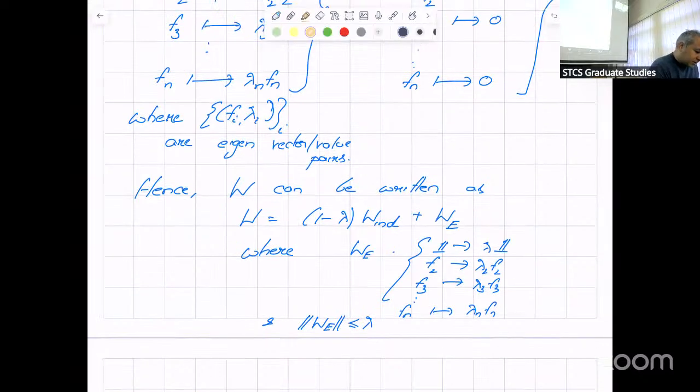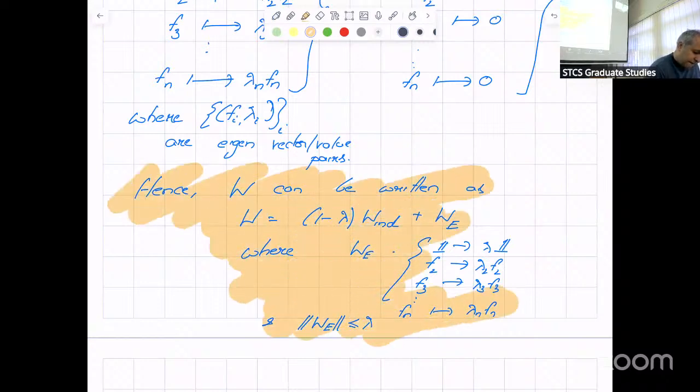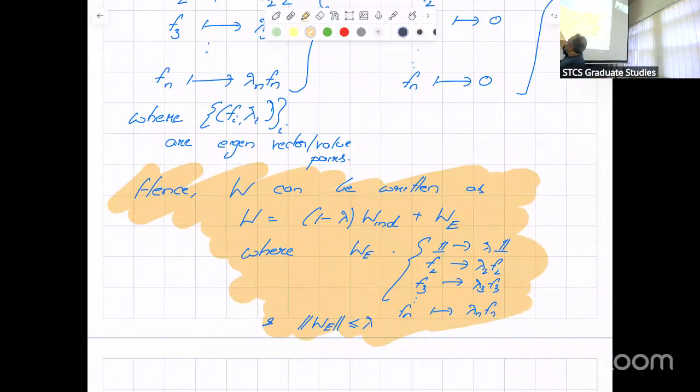This is part of this proof you should remember. So if W is a matrix with second eigenvalue lambda, it can be written as 1 minus lambda times just the independent copy, which is doing nothing, plus the error matrix whose norm is bounded above. But now we are in good shape.